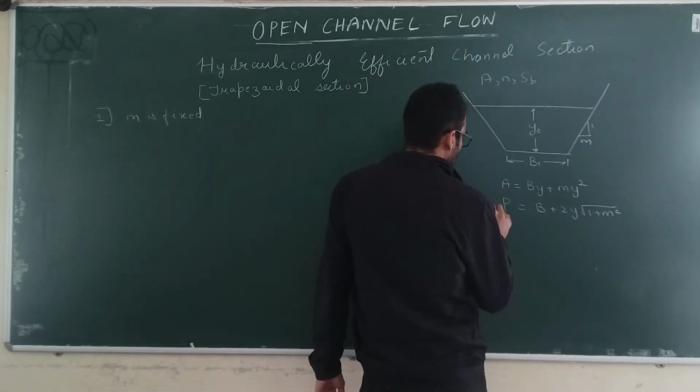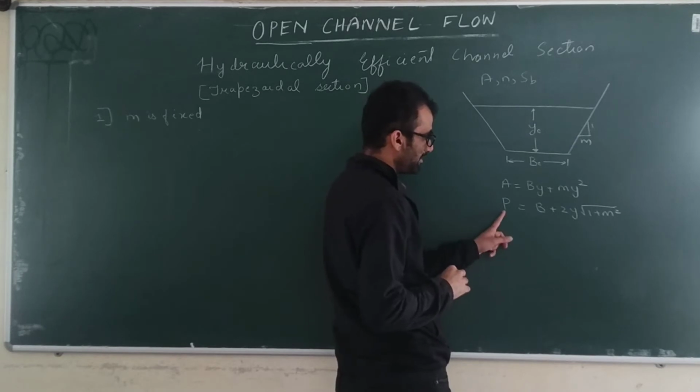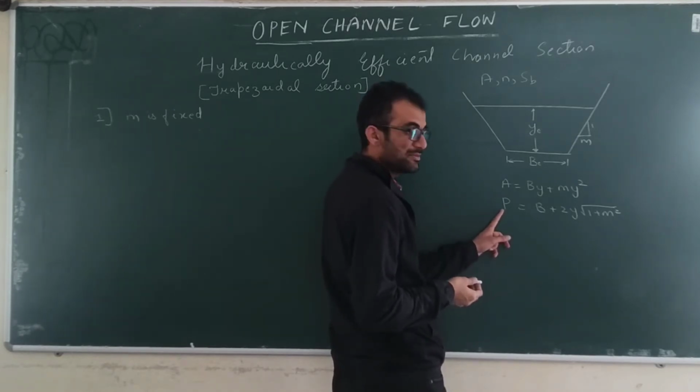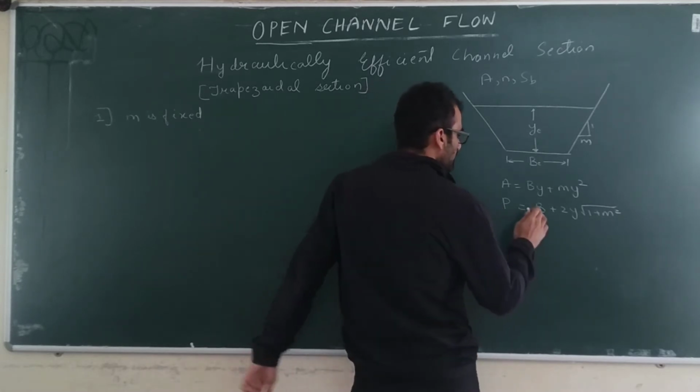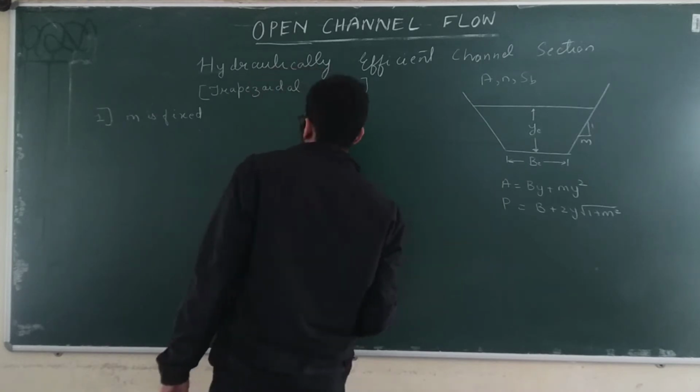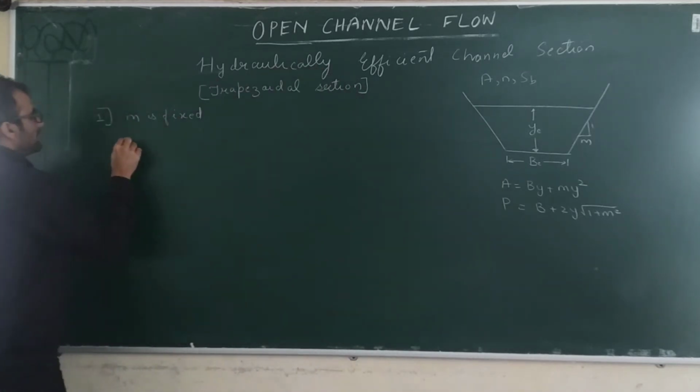Now our aim is to find the minimum value of p. What is the condition when p becomes minimum, that we want to find out. So these are the formulas.